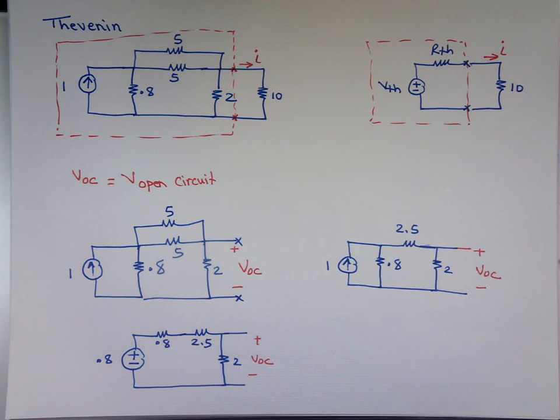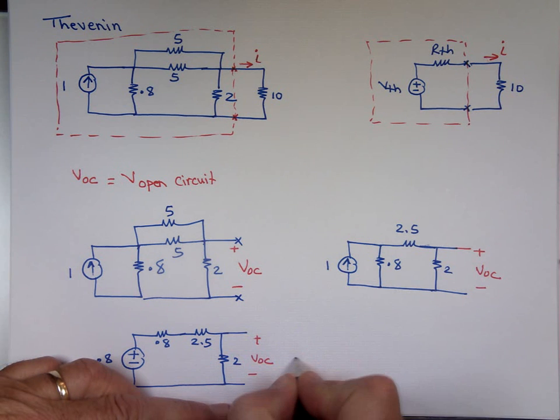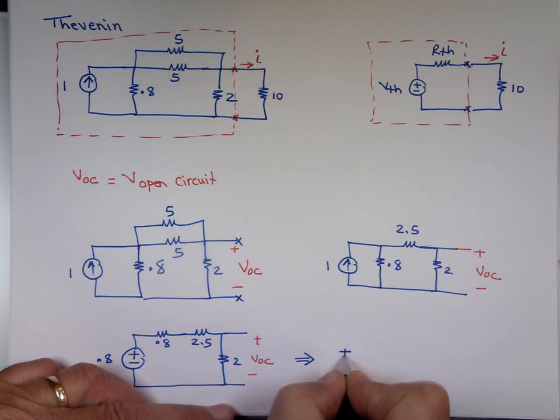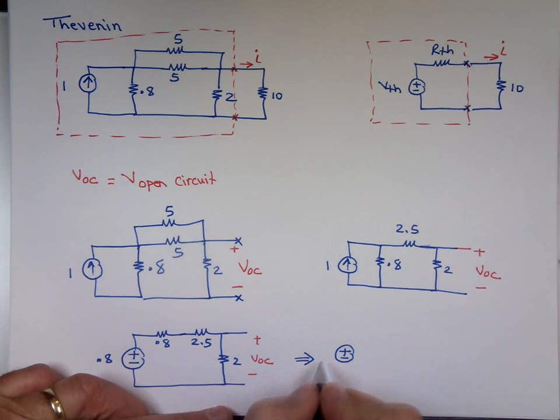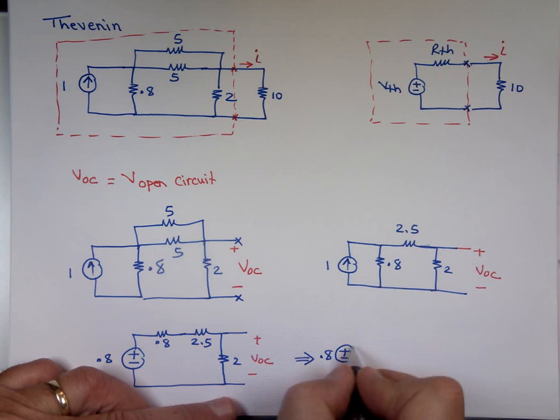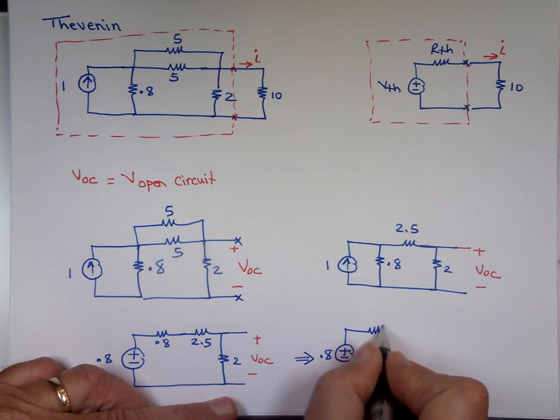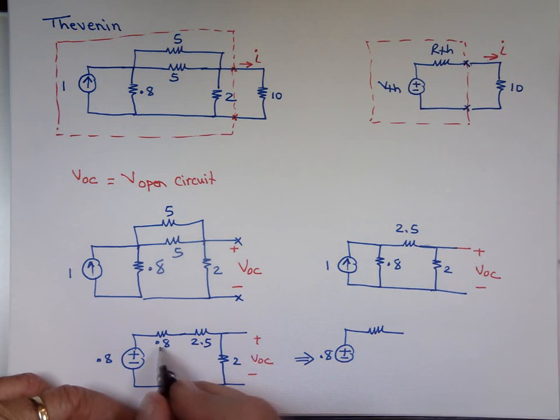Can I combine these guys into one resistor? 2.5 and 0.8 is 3.3?